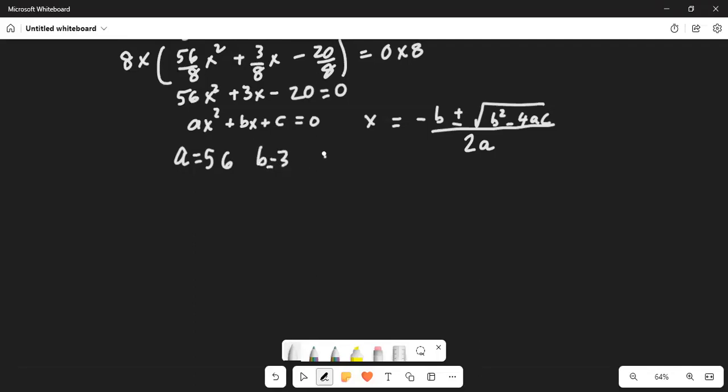And what is my c, the constant term? Do not forget the negative sign. It is negative 20. So I will substitute all these values into the formula for x.